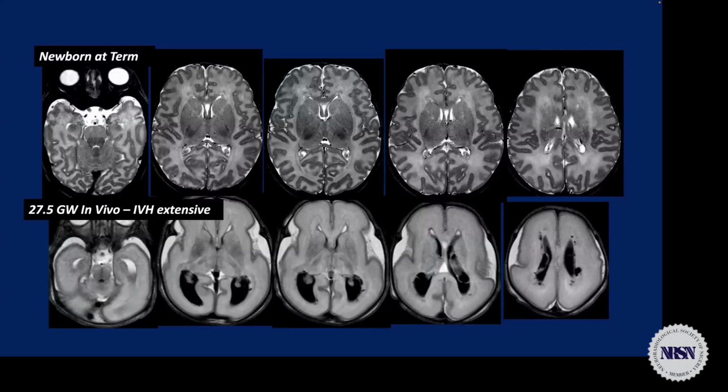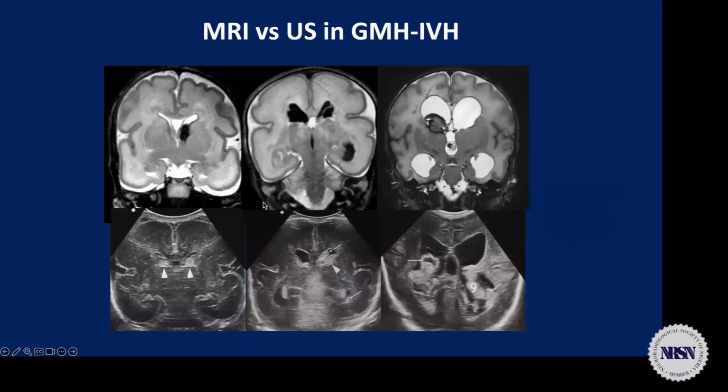That means water, and water is hyperintense on T2-weighted images. It's difficult to see that when the white matter is normally hyperintense. So it's difficult to differentiate something that should be a little more hyperintense than a normal brain. But in this case, we have no doubt that there is a diffusely edematous brain.